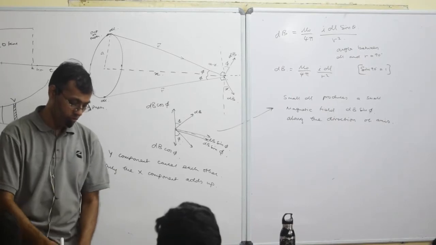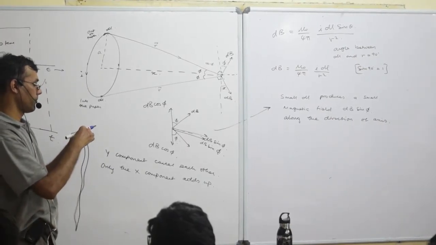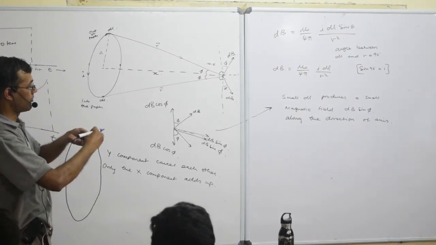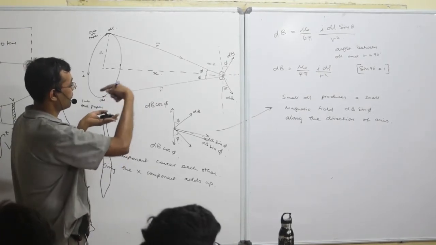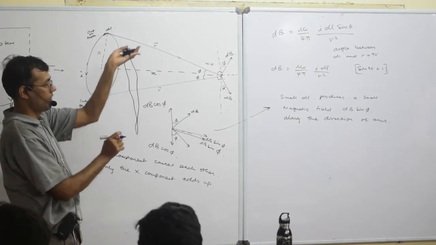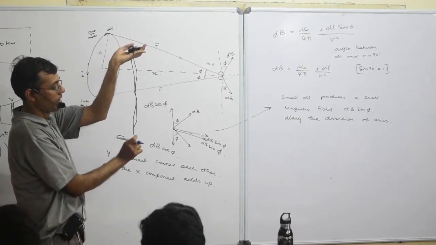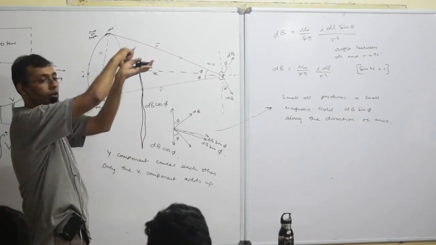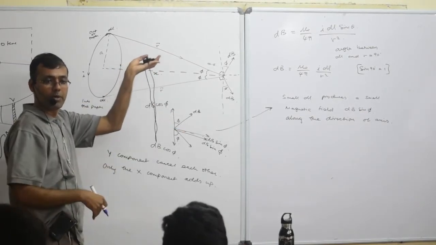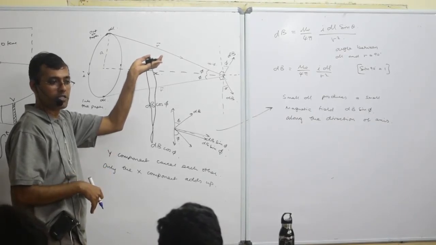So now the concept is in the integration. If I find for small dl, I can integrate it for the entire circle, right? So if I say because of this I am getting 5 units of magnetic field, then if I calculate for all the dl together, I can calculate the total magnetic field. So that's the principle of integration. Okay.